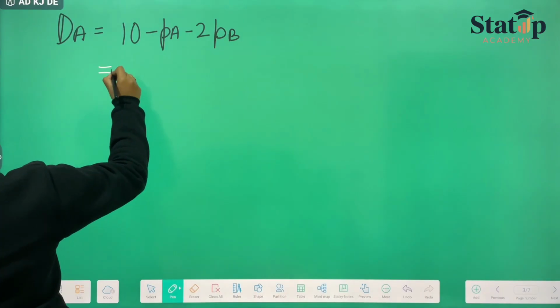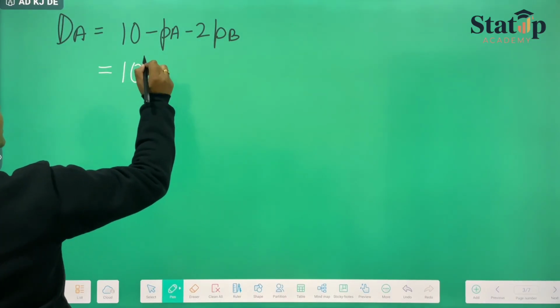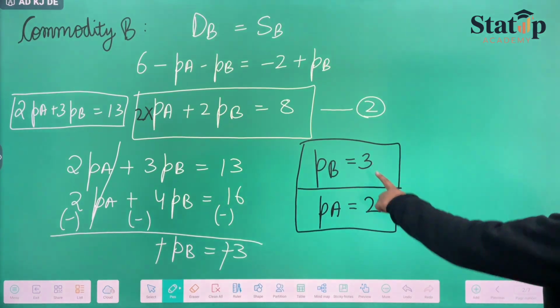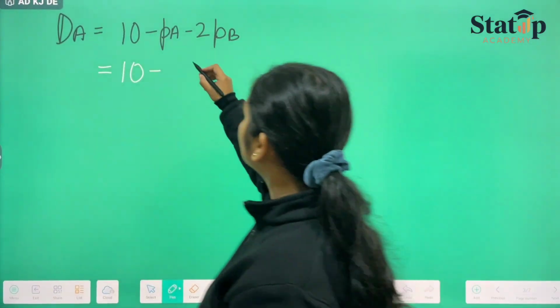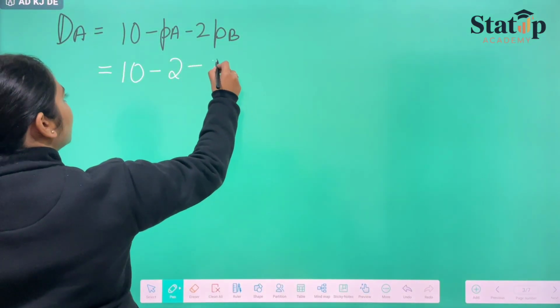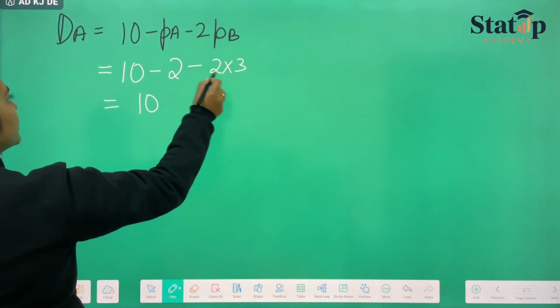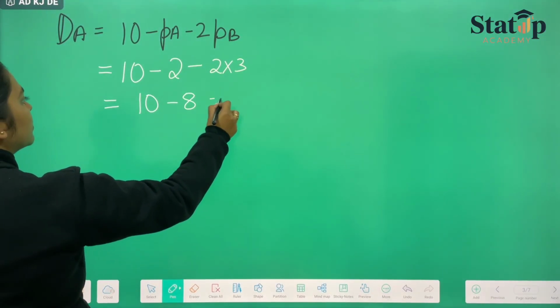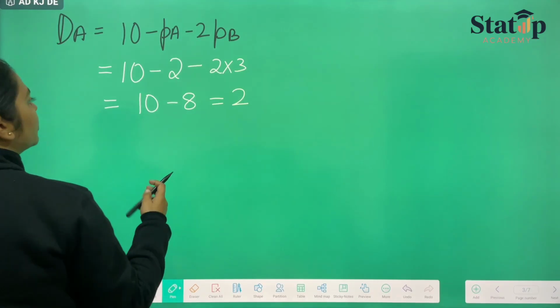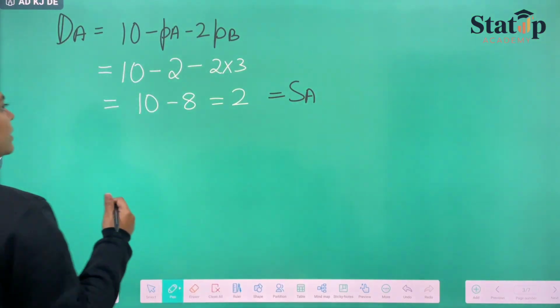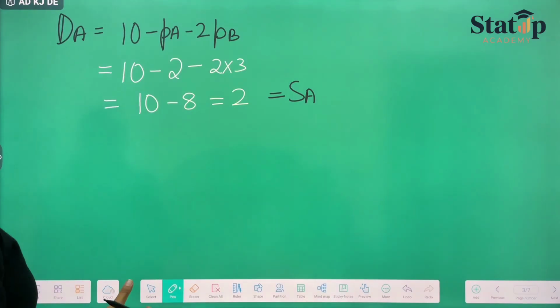Putting the values of PA and PB, PA we got as 2 and PB was 3. So 10 minus 2 minus 2 into 3, which is 10 minus 6, 8, equals 2. So demand of A equals supply of A, both are equal. That is the quantity exchanged in the market.